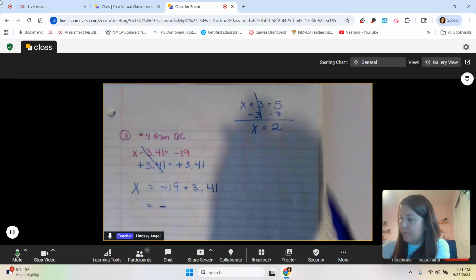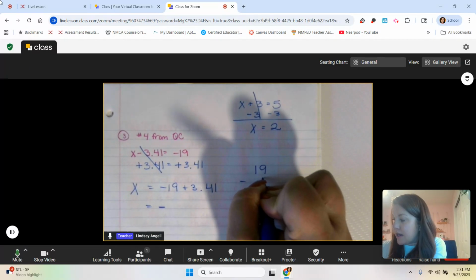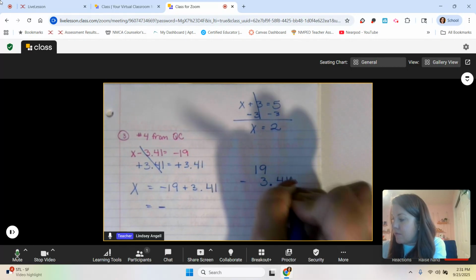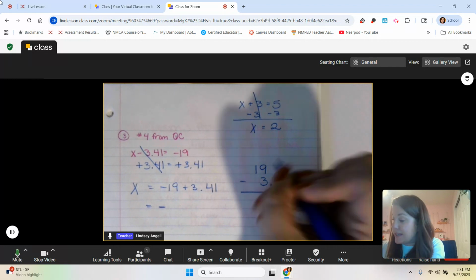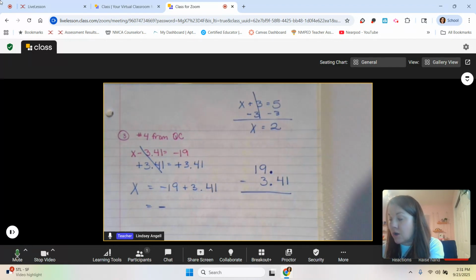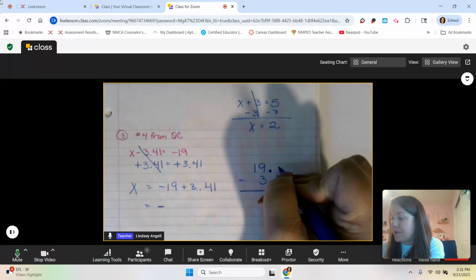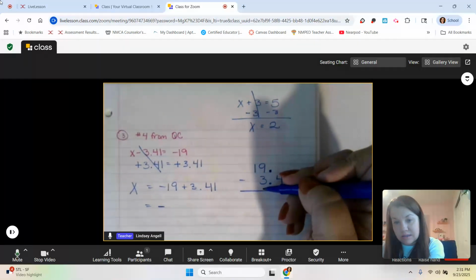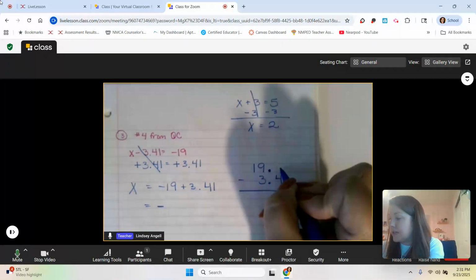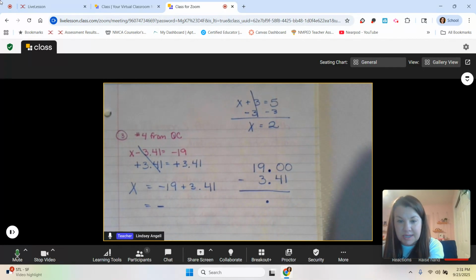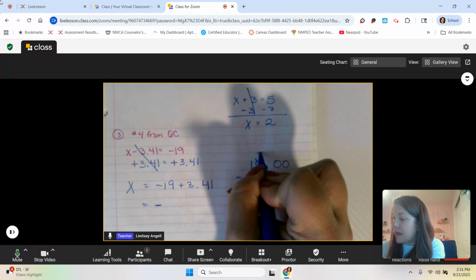How much money? So if I perform the subtraction, I've got 19 minus 3.41. Well, we have to have our decimals lined up. So since there's no decimal in the 19, that goes right after it. So I have my ones place lined up. Hopefully you'll notice that my decimal will come straight down into my answer. I can put zeros to help me out up there as well. I'm going to borrow from my 9.